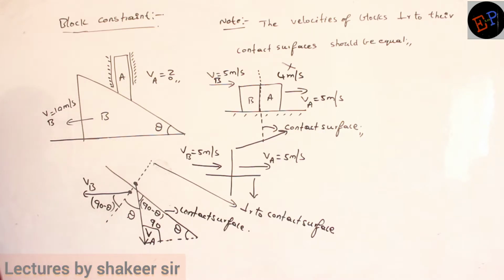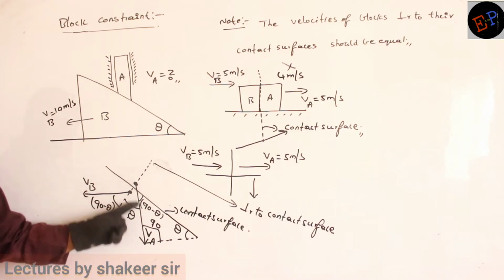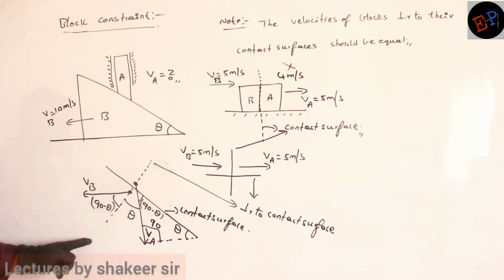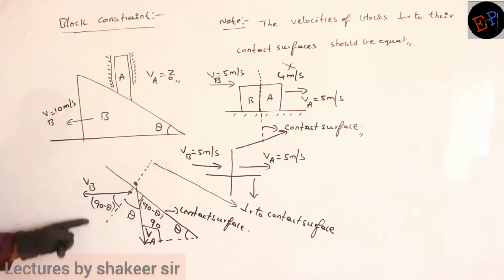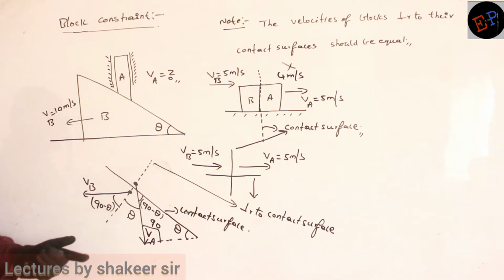So I have taken all the angles. Therefore VA, the velocity of block A, is making an angle of theta with the perpendicular to the contact surface. Similarly VB is making 90 minus theta with respect to the perpendicular to the contact surface.